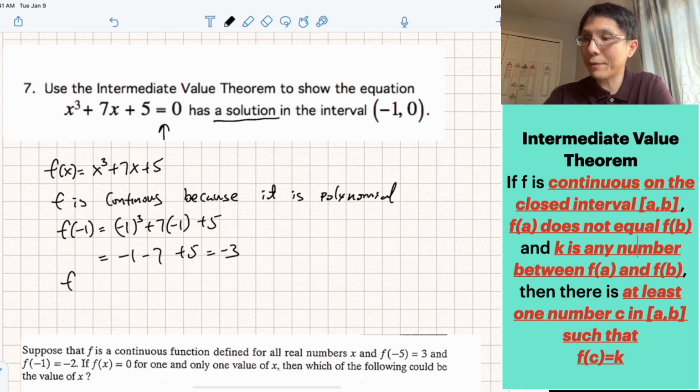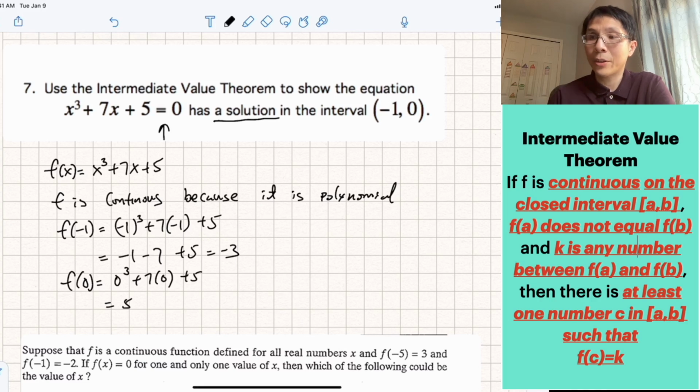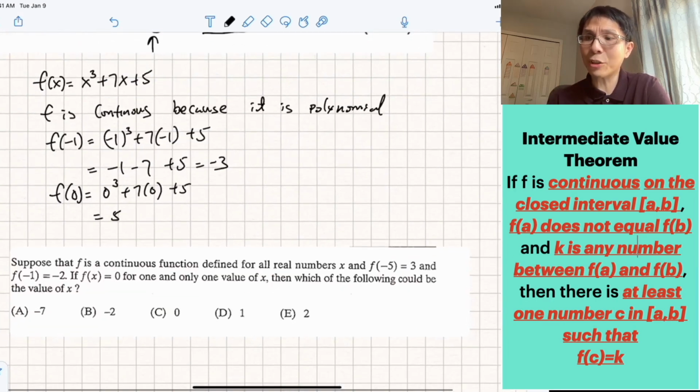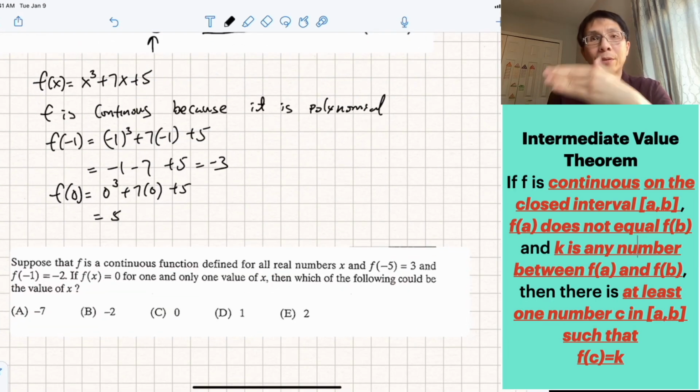Now we plug in f of 0, which is the other endpoint. We plug in 0, so it'll be 0 to the third power plus 7 times 0 plus 5, and that's equal to 5. So obviously, since we want it to equal 0, if we travel from -3 to +5, the function has to go through 0.